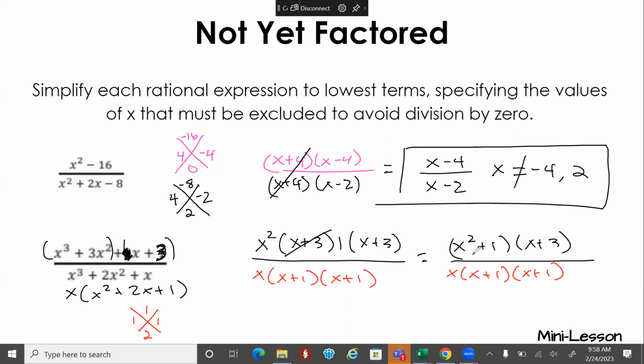No. So we write this out as our answer, and then we say x cannot equal, and what can it not equal? -1. We take anything that's in the denominator. Somebody said it. 0, because of the x. That's our final answer.